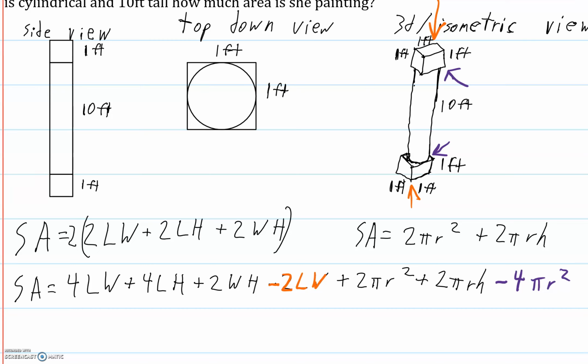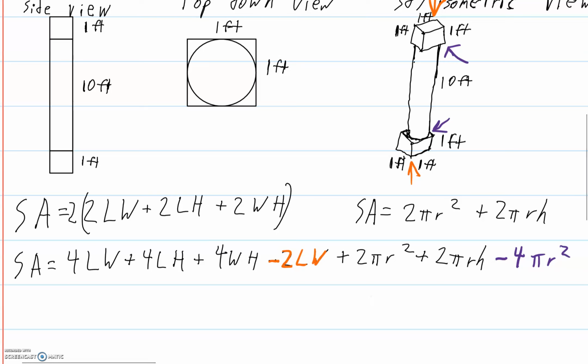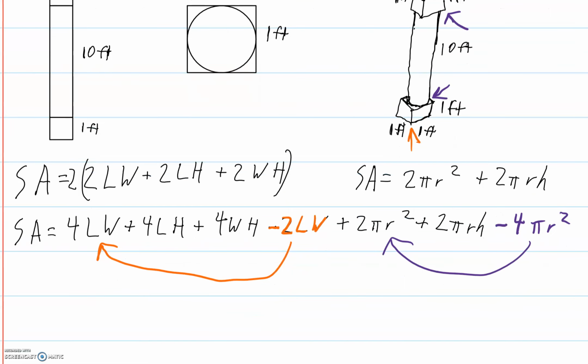All right, so now we have our formula. We're going to simplify it once. Whoops, this should be a 4 here. We'll simplify it once, and then we're going to start adding in some numbers. When we're simplifying, we can notice that this minus 2 is going to get rid of some of those, and our minus 4 is going to get rid of some of these. So let's simplify our entire formula here.